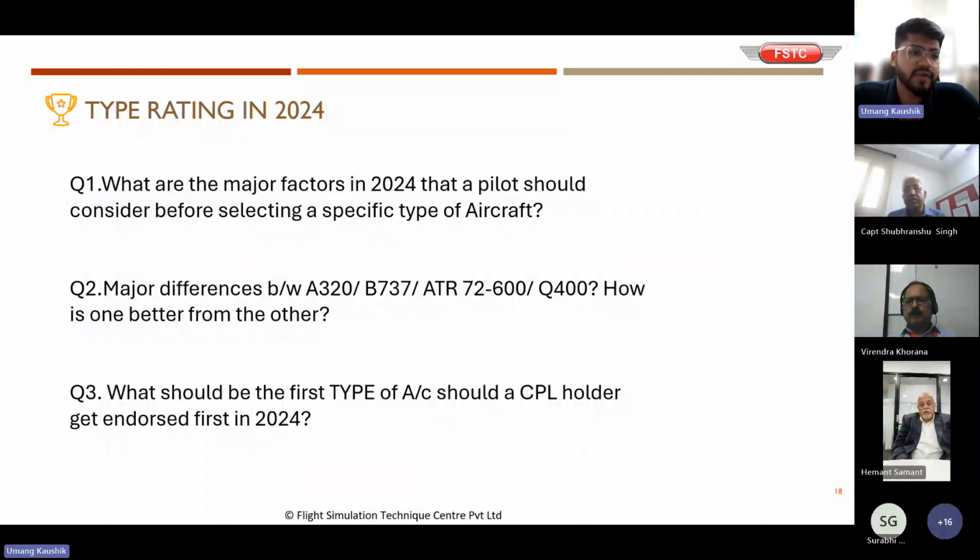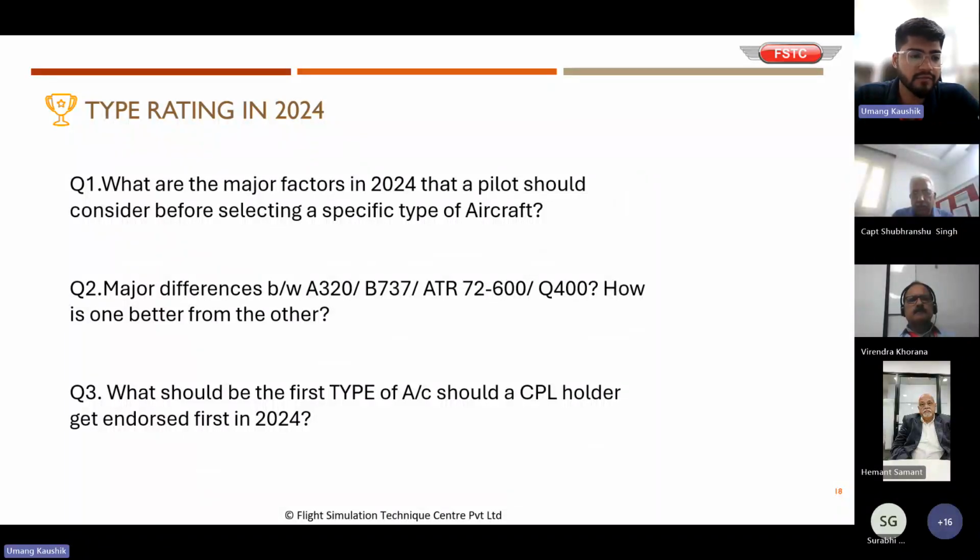So if we are talking about type rating here, this is the main topic of our webinar. I have already shown them how many airlines and what type of aircraft is already in the boom. I will show them another slide after this.